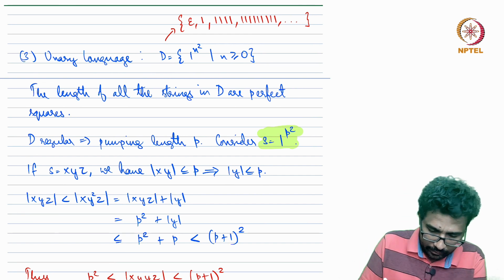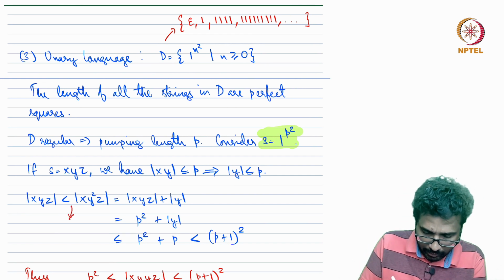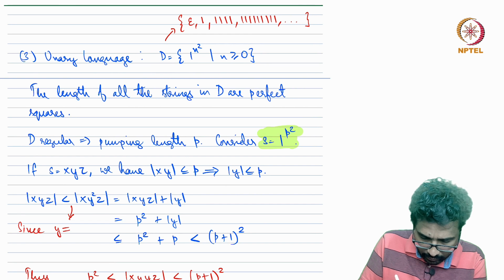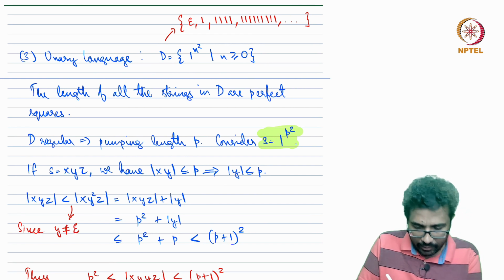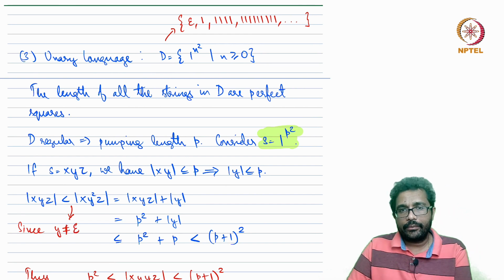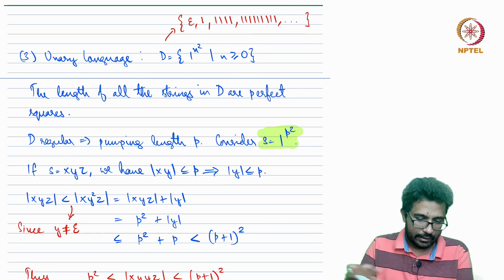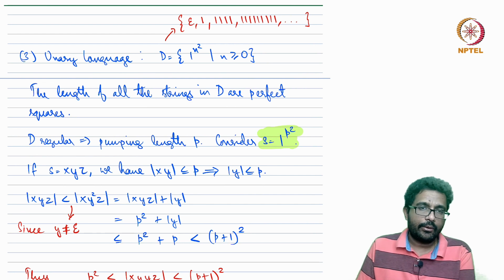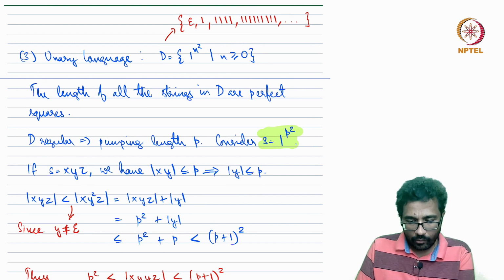Why is that? Because y is non-empty. When you add one more y, you are adding something to the string, so it adds length. Condition 2 says that y is non-empty.